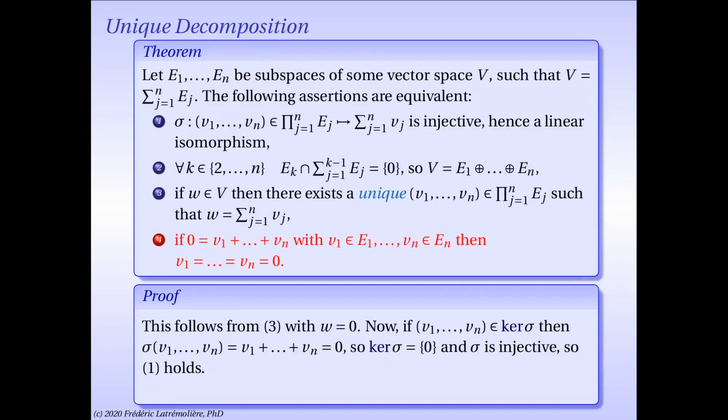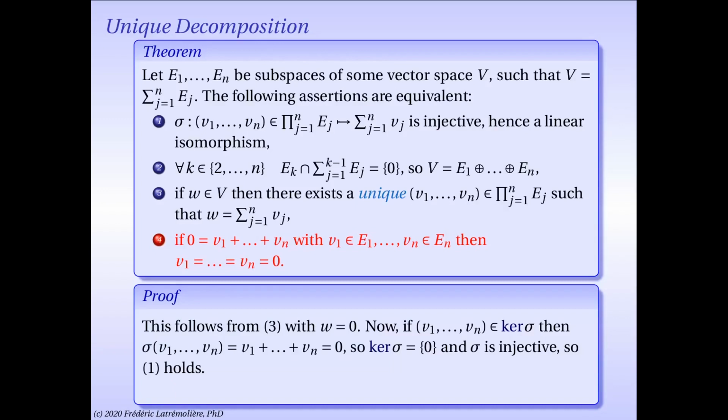On the other hand, 4 implies 1 because, in fact, what 4 tells us is something about the kernel of sigma. If you take an n-tuple v1, v2, etc., vn, with v1 in E1, v2 in E2, etc., in other words, an n-tuple in the domain of sigma, then when you apply sigma to that n-tuple, if that n-tuple is in the kernel of sigma, then you get 0. But what does it mean to apply sigma to that n-tuple?